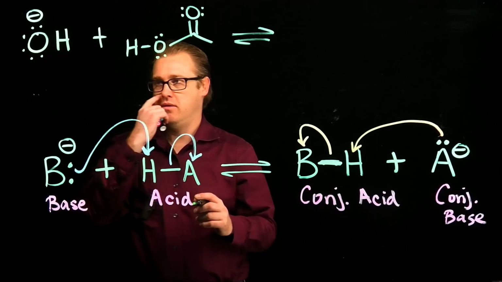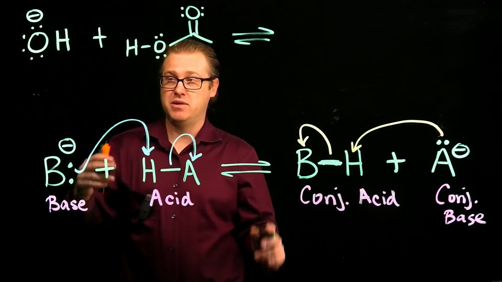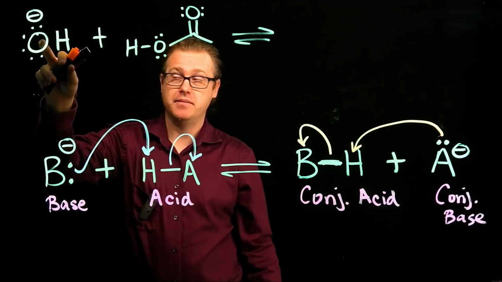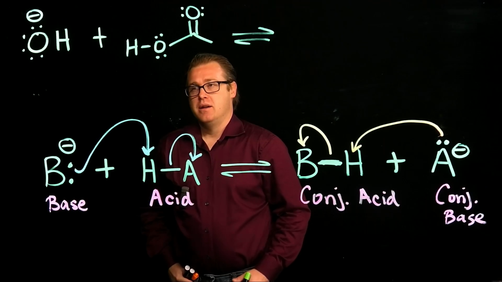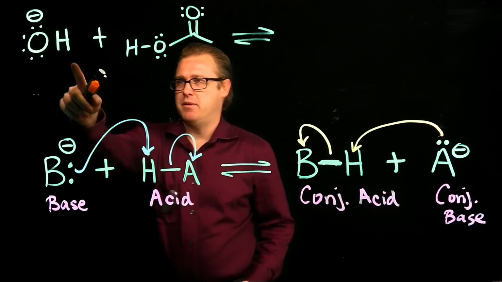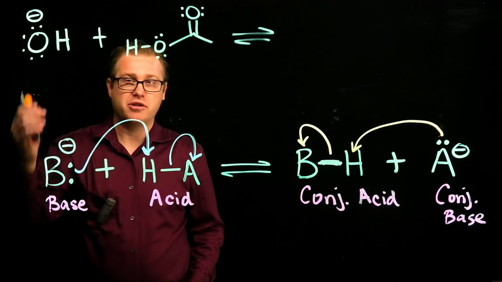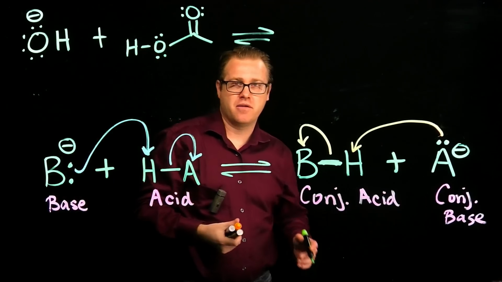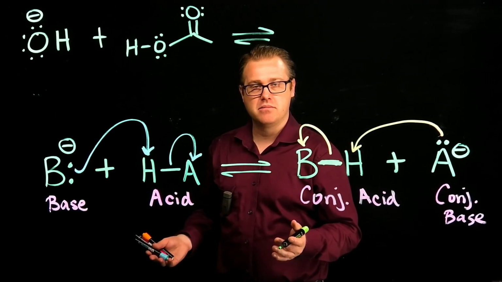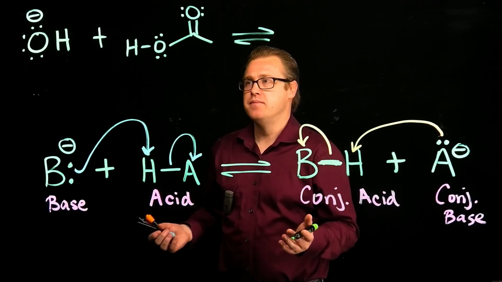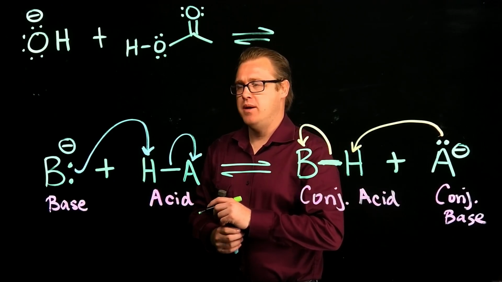So if we had to decide which one's the base, we would go to this guy because it has the negative charge. But we could also look at it based off of the name of this guy. Well, that's hydroxide, and we learned from general chemistry that hydroxide is a strong base. It's always just a strong base. And we learned that in Gen Chem 1.